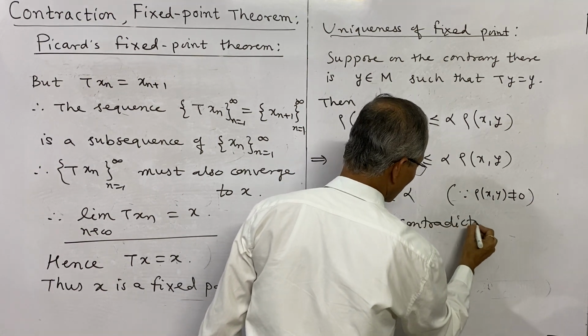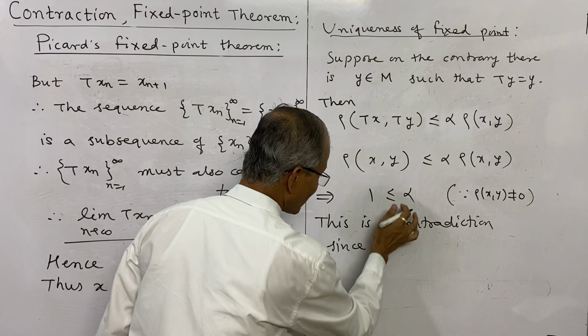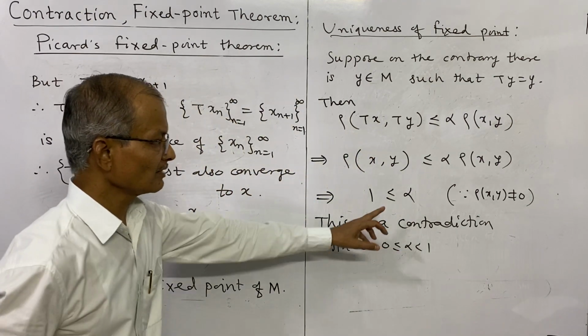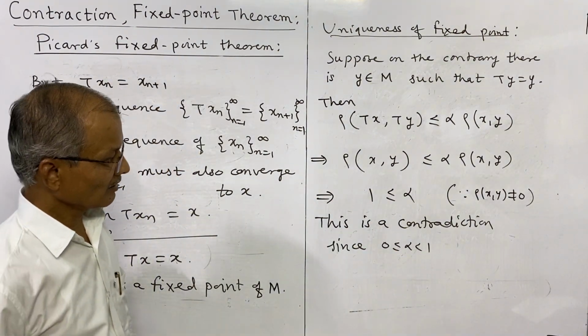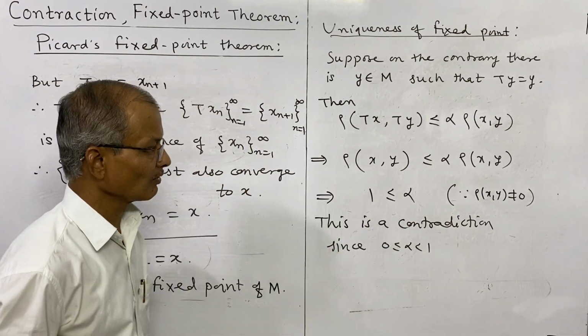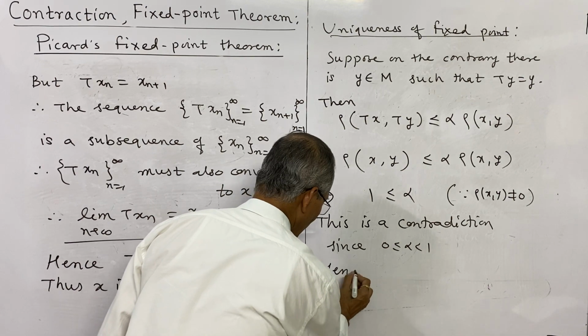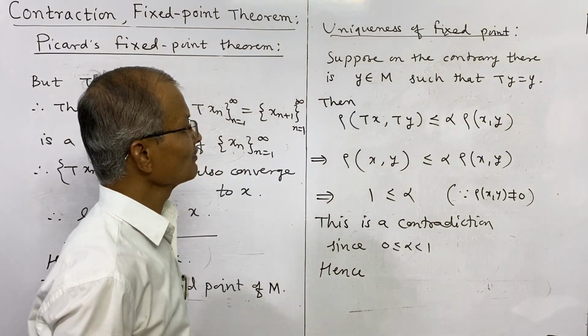This is a wrong result or absurd result. Why? Since we must have alpha between 0 and 1, 1 cannot be less than alpha. Alpha is strictly less than 1, and 1 is greater than alpha. Here 1 is less than or equal to alpha. And therefore x is unique. So there cannot exist y.